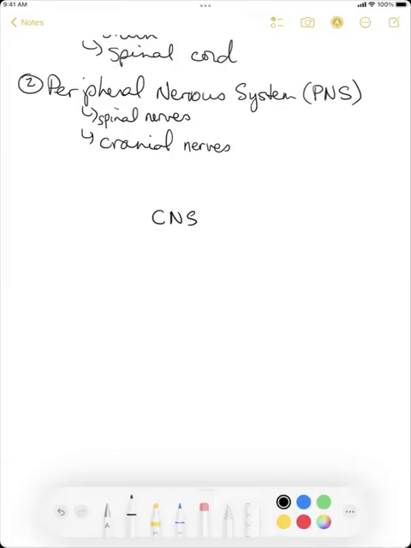These would be in the form of sensory stimuli. And so there are nerves that are specifically referred to as sensory nerves. So there are sensory nerves, and these would be in our periphery, part of our peripheral nervous system. These sensory nerves are sometimes referred to as afferent. Afferent.